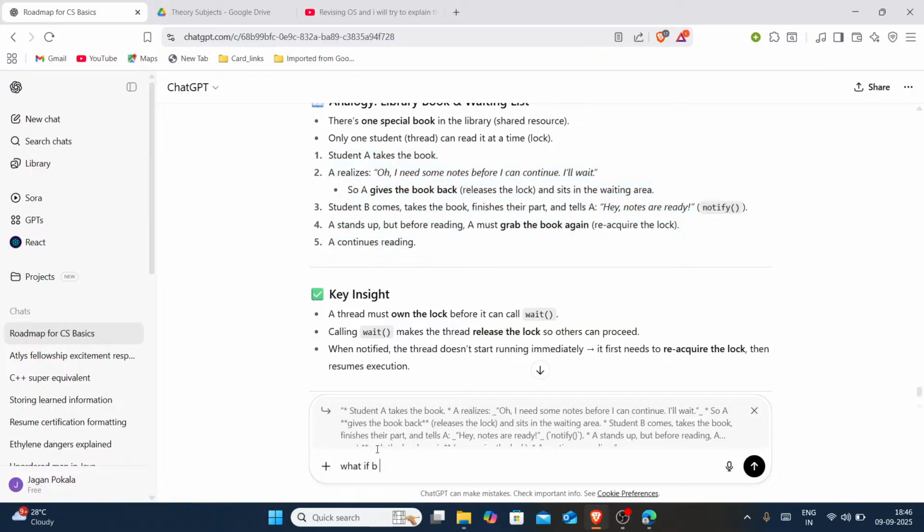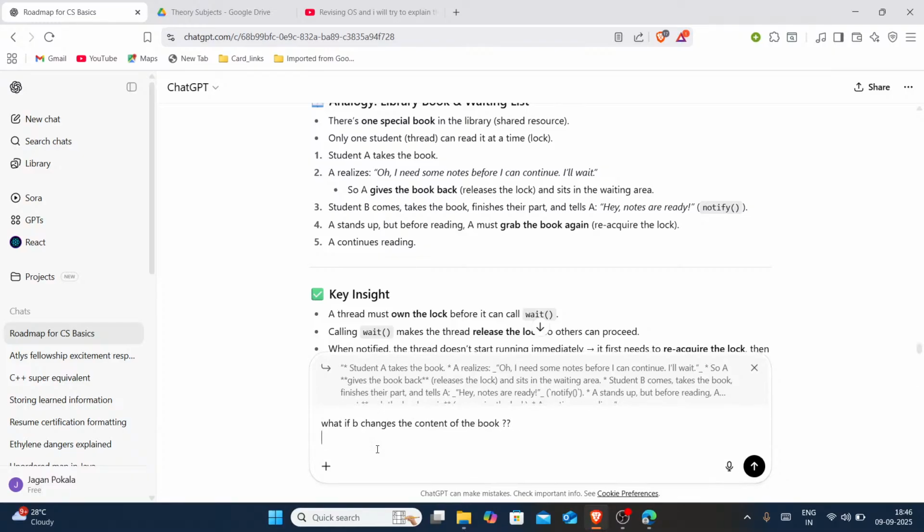So what if B changes the content of the book?